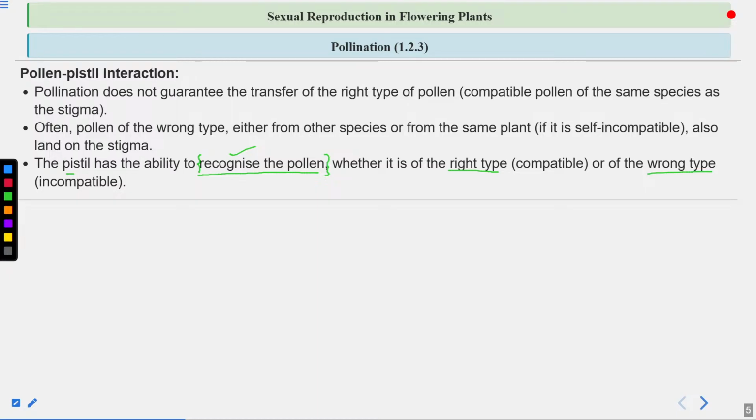The right type of pollen is the compatible one, the one that has a different allele from the one in the pistil part, right? Just now I showed that with the help of a diagram by drawing it, right?